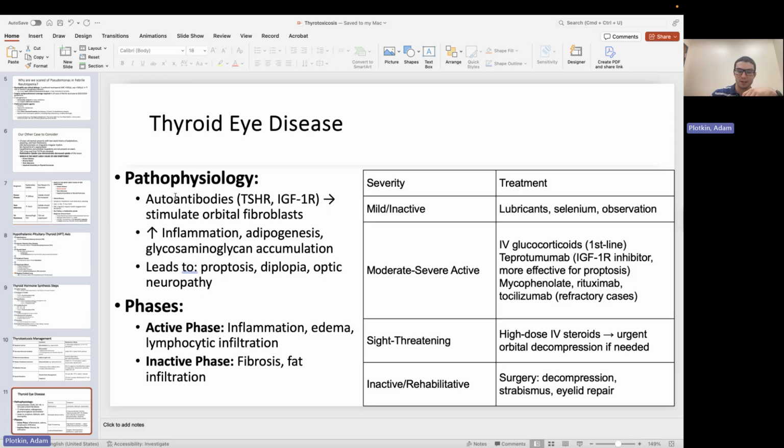When those fibroblasts get stimulated, they cause increased inflammation and increased fat production. These glycosaminoglycans are the driving force here, pushing the eyes forward. Glycosaminoglycans are like the extracellular matrix that builds up behind the eye, increases the pressure, and can cause proptosis.